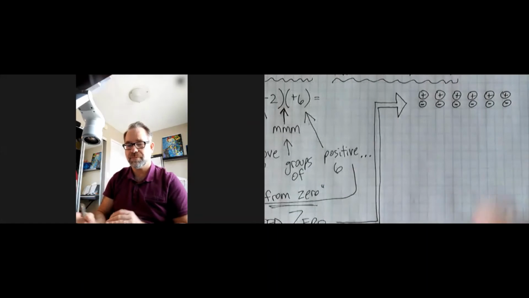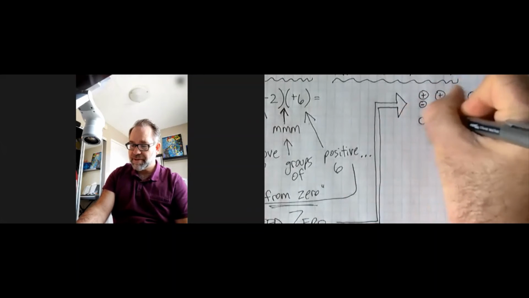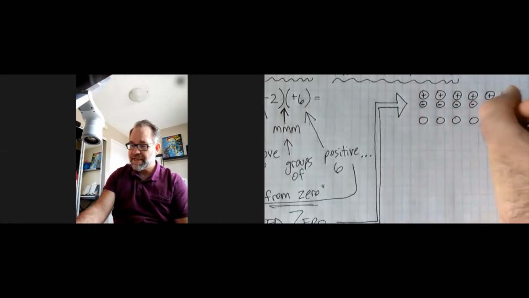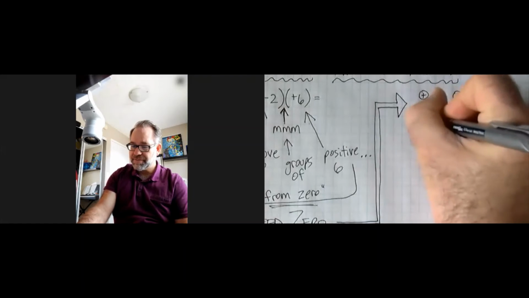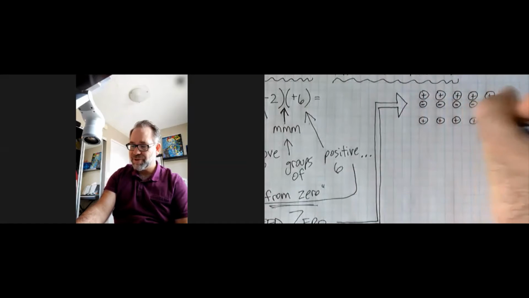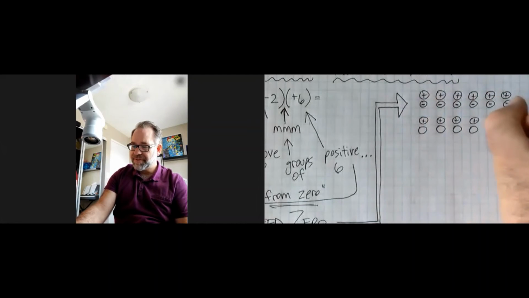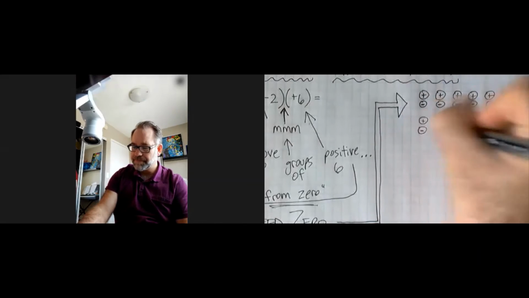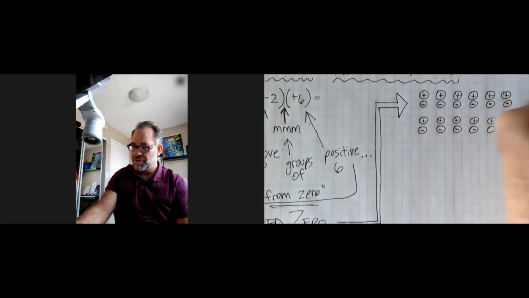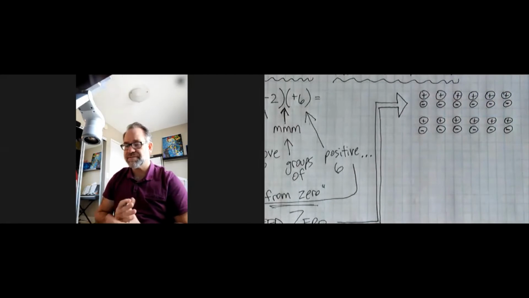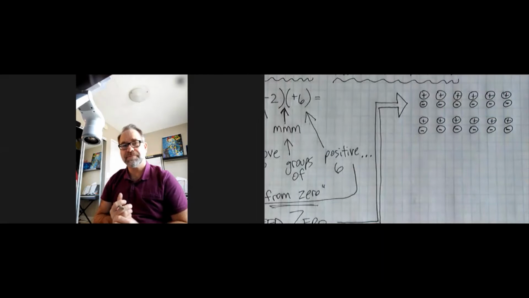I'm going to do the same thing because in the end, I need to be able to remove 2 groups of positive 6 from this model, from this picture. 2 groups of positive 6 from this picture.